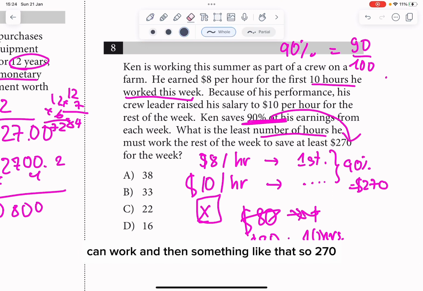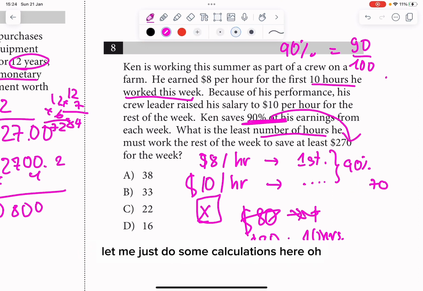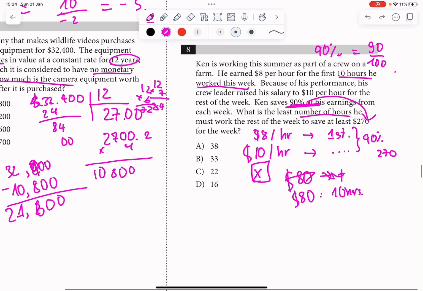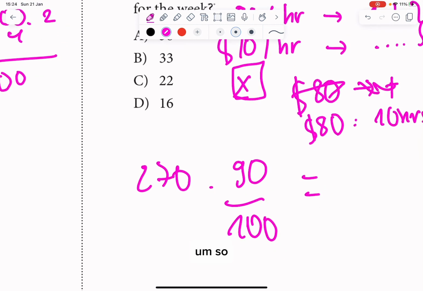So, 270. Wait a minute, let me just do some calculations here. 270, I mean, multiply by 90.